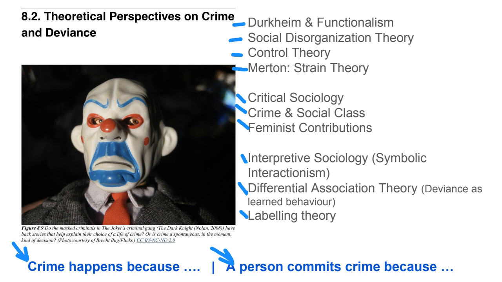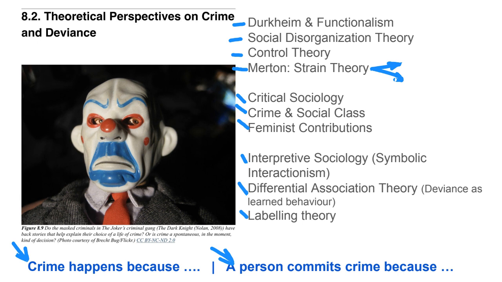For example, Merton's strain theory says that crime happens because it's a society that emphasizes financial success and wealth, but the society doesn't have equal access to becoming wealthy for all people in that society because there's some sort of structural inequality.